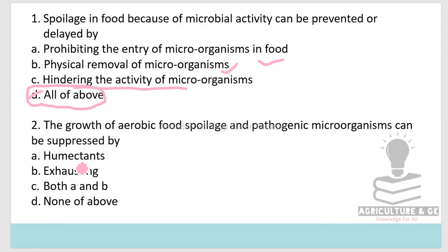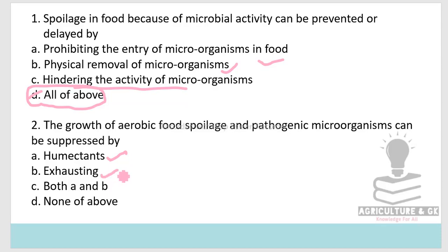We know the pathogens will grow in a high moisture area or in an area where there is an ample amount of oxygen. Since we are discussing aerobic food spoilage, we will need oxygen. By using humectants we will reduce the moisture content, so it can be used to suppress the pathogenic microorganisms and prevent aerobic food spoilage.